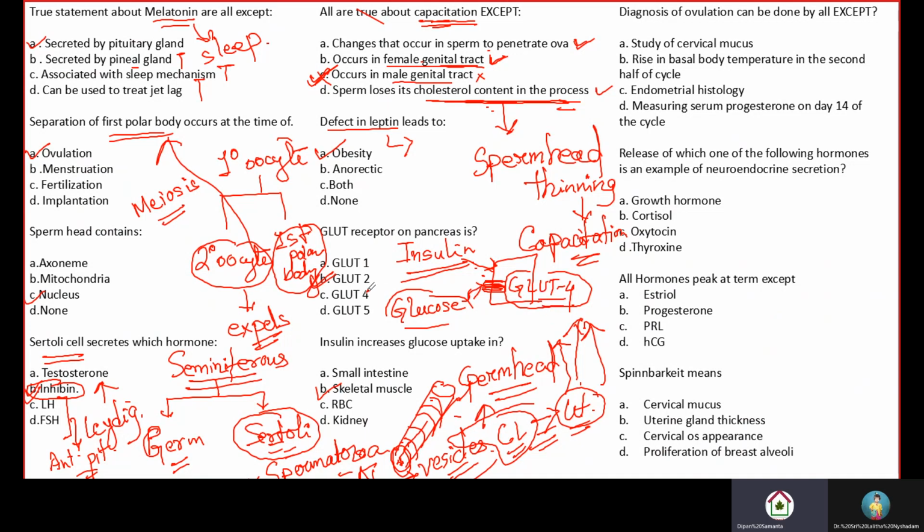That's why, as we just studied, GLUT4 is present in skeletal and cardiac muscle. So insulin increases glucose uptake in skeletal muscle.